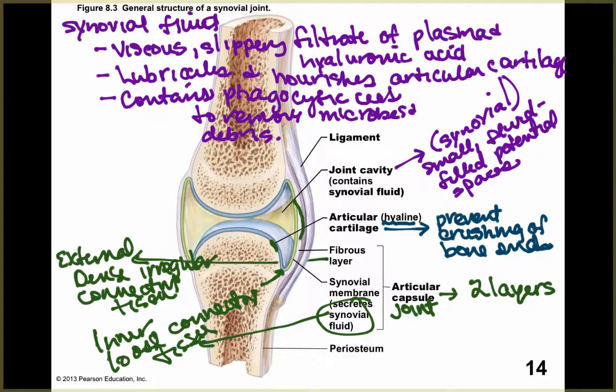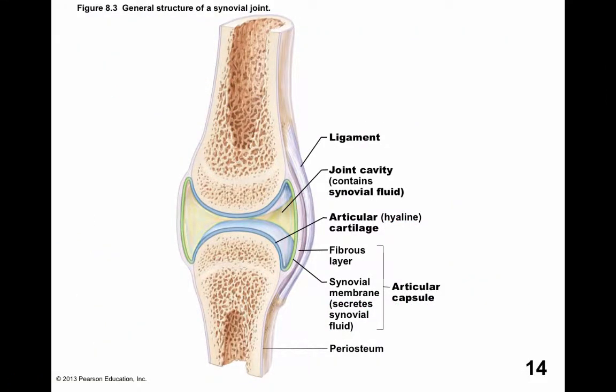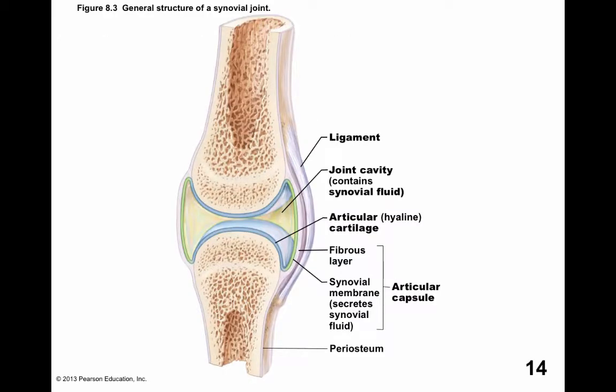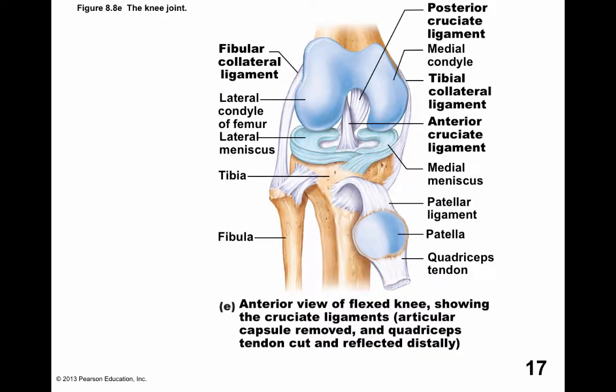So those are the main parts of a synovial joint. Now, on top of all of this, you'll also notice all of these ligaments throughout. I'm going to go back to that picture here.